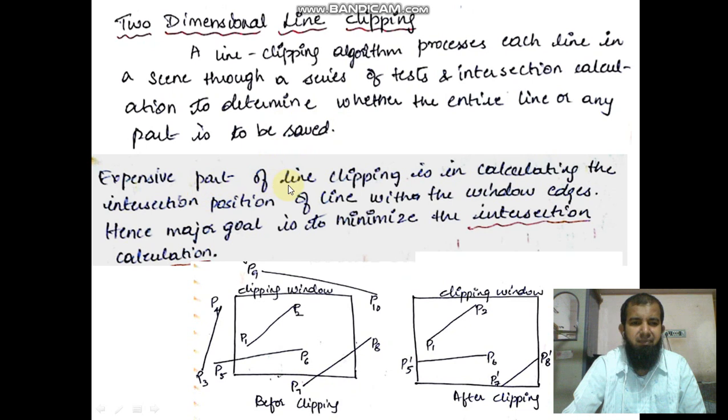The expensive part of line clipping is in calculating the intersection position of the line with the window edges. Hence, the major goal is to minimize the intersection calculations.